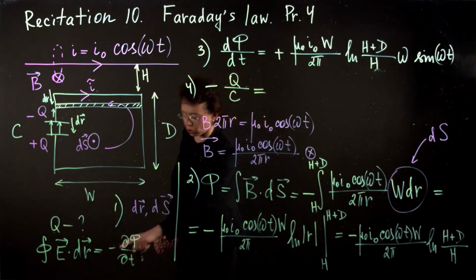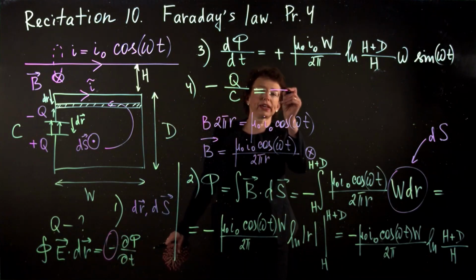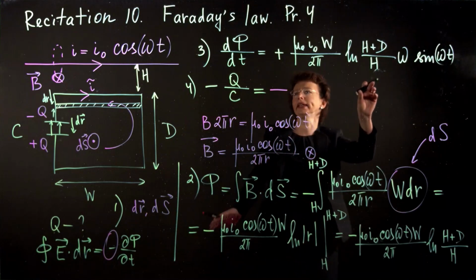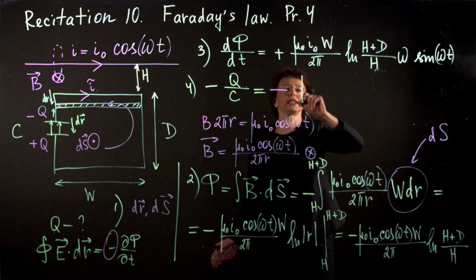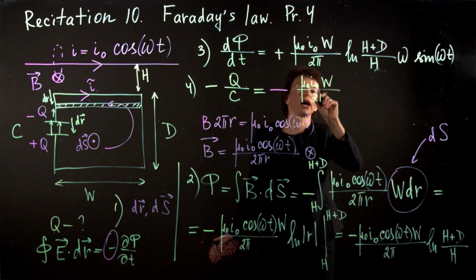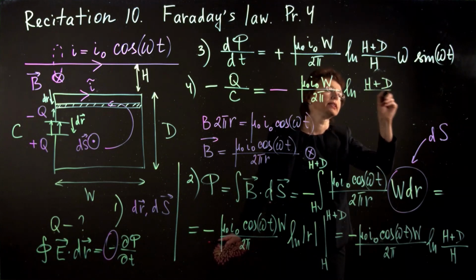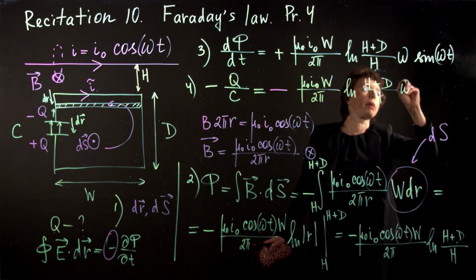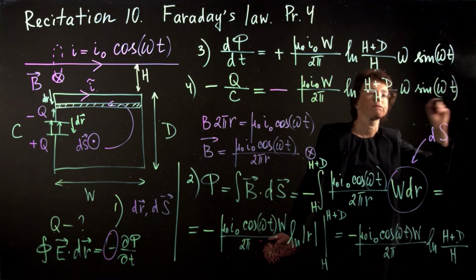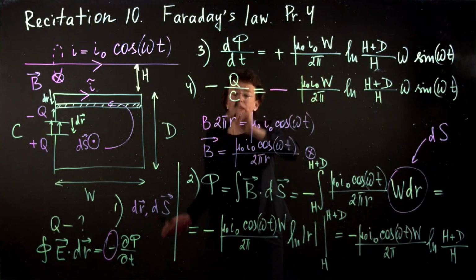So it is equal to minus, this minus, never forget it, minus from Faraday's law, and then I have d phi dt right here: mu naught I naught w over 2 pi, logarithmic function h plus d divided by h, omega sine omega t. And look at this. Now we can solve for Q.